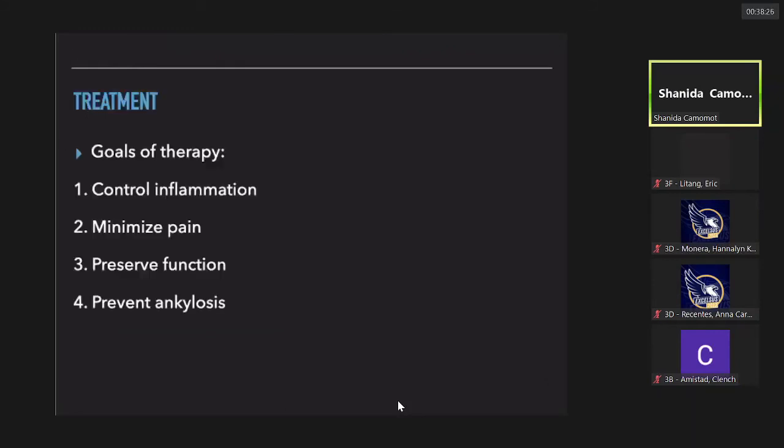Okay, so how do we treat? The goals of treatment include control of inflammation, minimizing pain, preserving function, and preventing ankylosis. In my practice, since spondyloarthritis is not so common in children, maybe I have 2 patients diagnosed with spondyloarthritis, but unfortunately these 2 patients did not follow up.